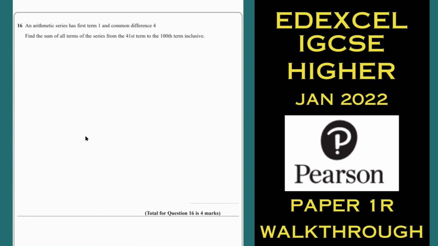Number 16. As soon as I see that, I just go. So A is 1, D is 4. Now here's the little thing, by the way. If we were to add up the first 6 numbers, we'd get an answer. All right, what is it, 21.